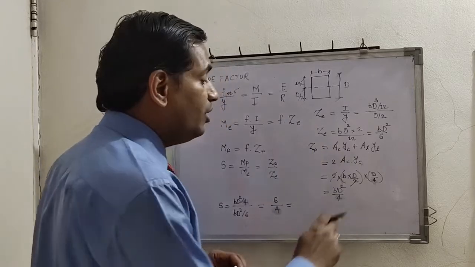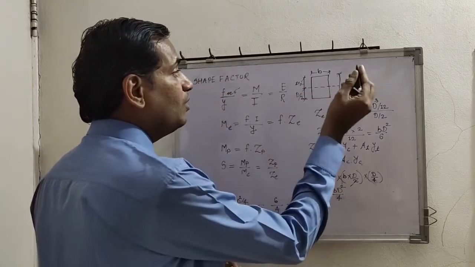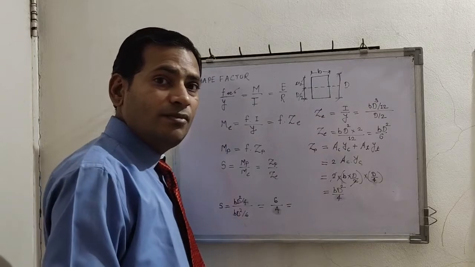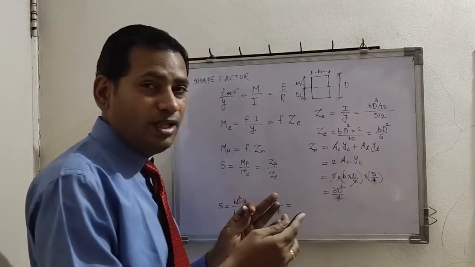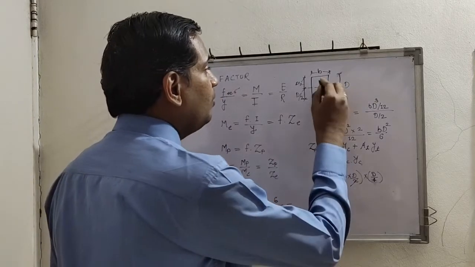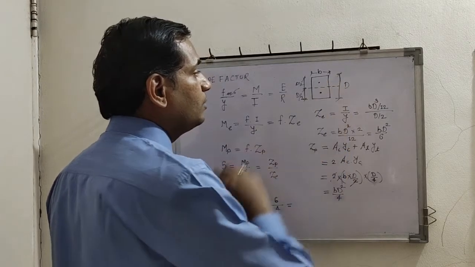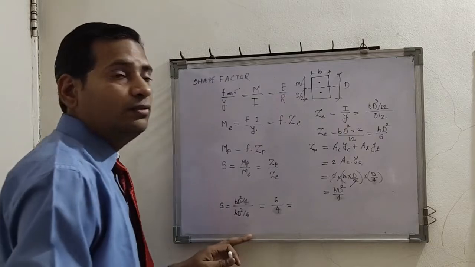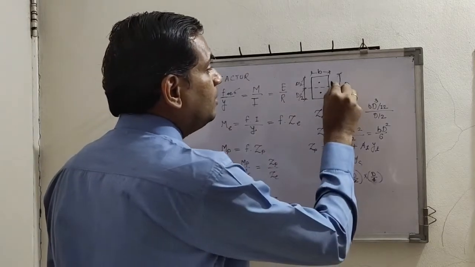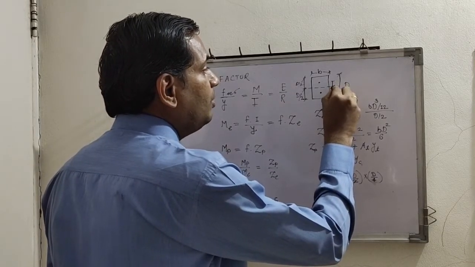So where is the centroid of the compression zone? We can consider either the area above the neutral axis or below it because both are equal areas. We have to find the distance of these points from the neutral axis.